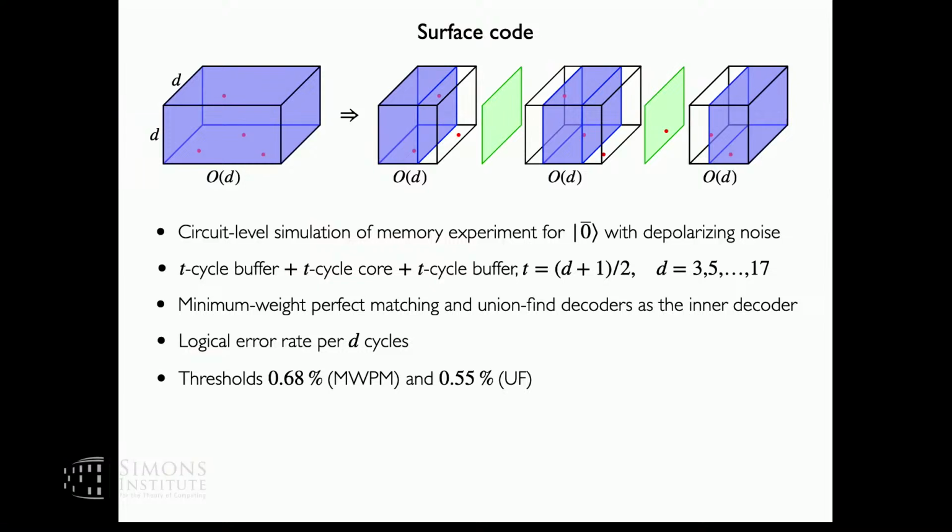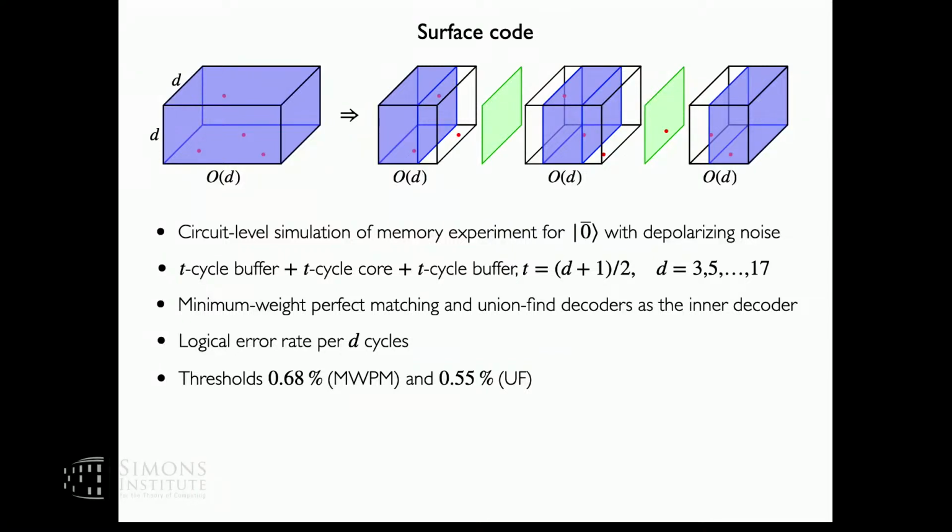And we perform circuit level simulation for this memory experiment with depolarizing noise. And we choose our window to be T buffer, T core, T buffer again, like this sandwich shape, for B, B. And we respectively perform minimum weight perfect matching and union-find as an inner decoder.